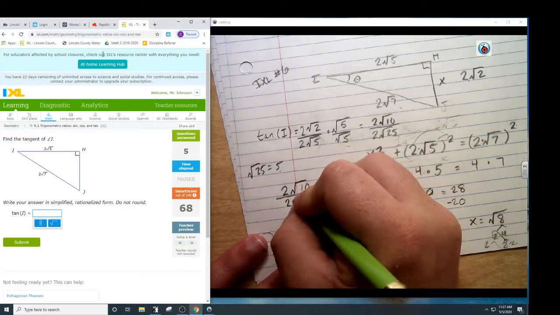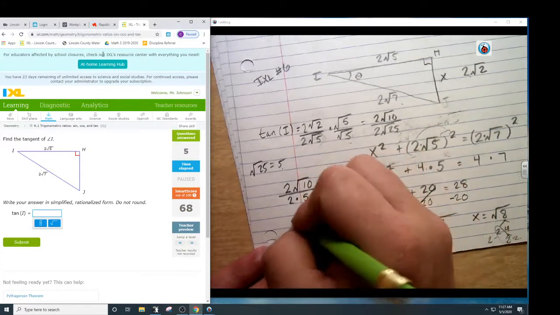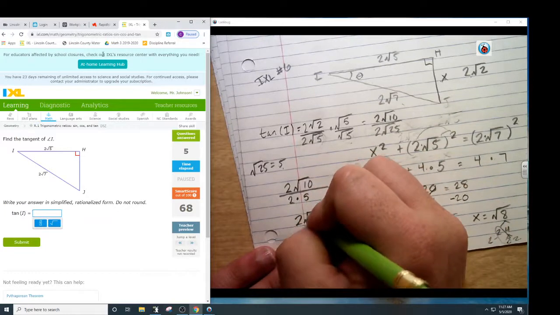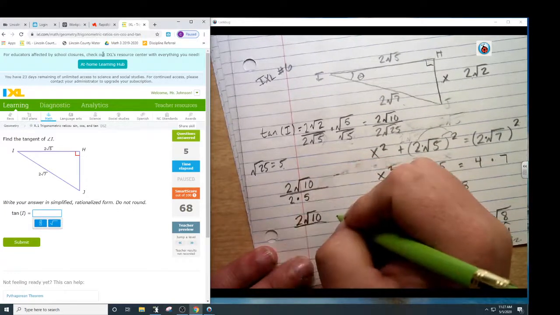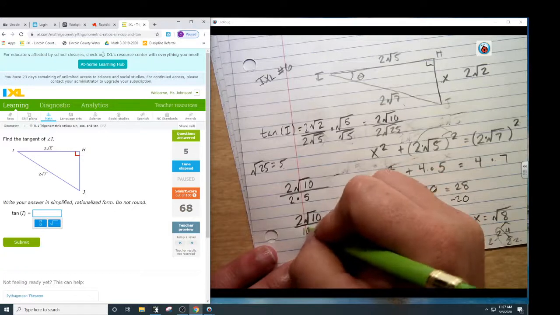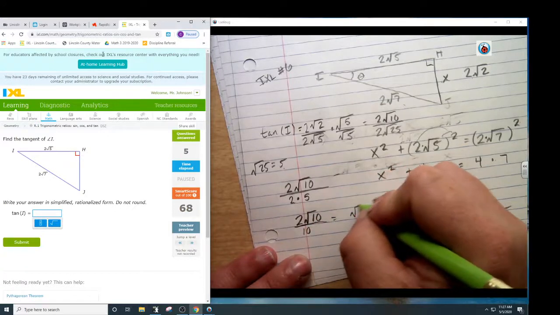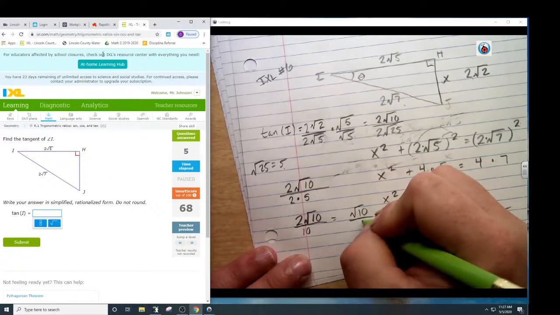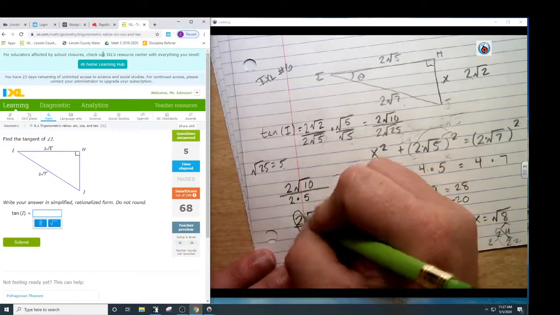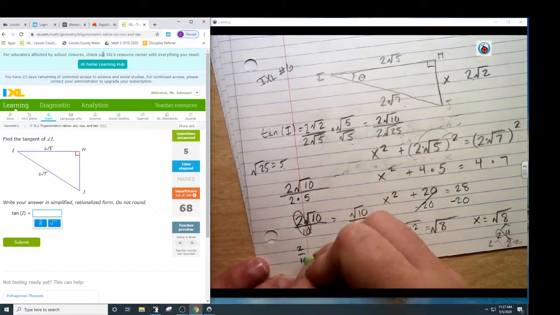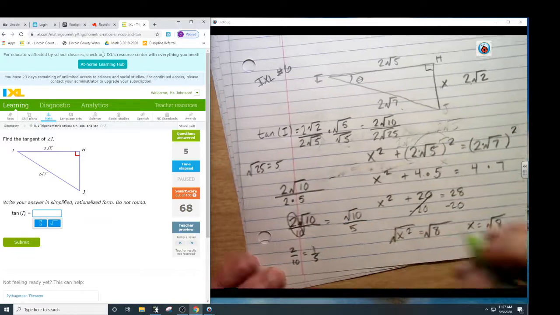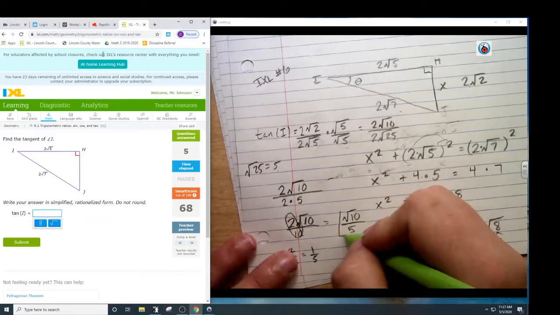So now that's going to be 2 square root of 10 over 10, which will reduce to square root of 10 over 5. If you reduce this down, 2/10 reduces to 1/5. That's where this came in. This is your answer right here.